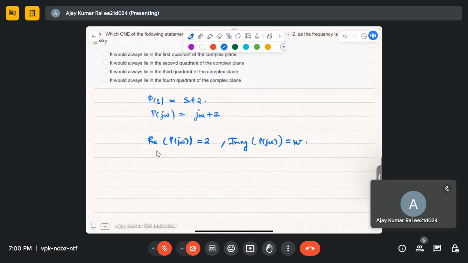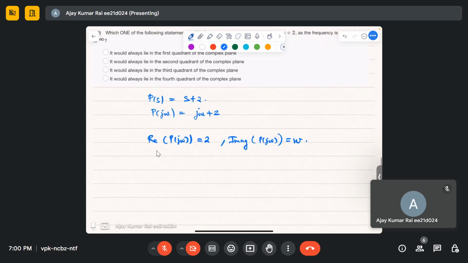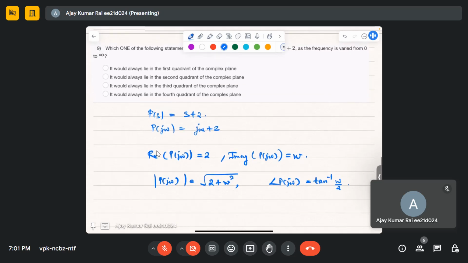This you know. And if you find the magnitude of G of j omega, it is the square root of 2 square plus omega square. The angle is equal to tan inverse of omega by 2. That we already know, and we have to plot this.